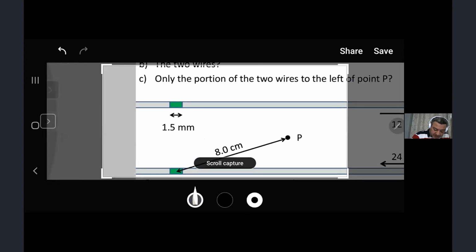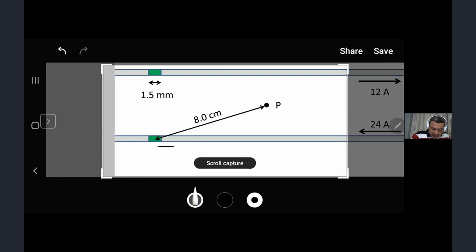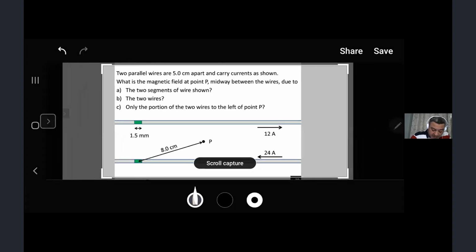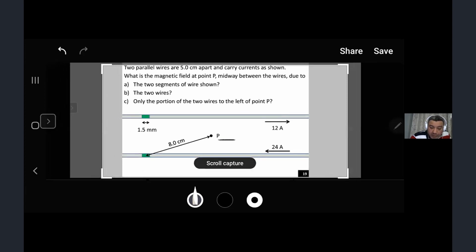So this one is 1.5 millimeter, and this one is 1.5 millimeter also at the same location. I need to calculate the magnetic field right at the point P due to this dL. I will be treating this one as if it's a differential element, a very tiny wire. So how do you solve this problem?